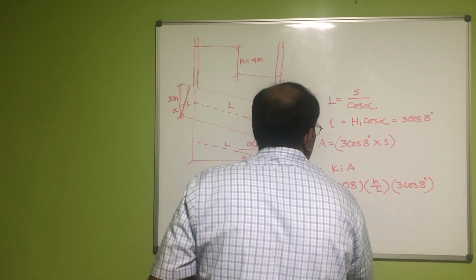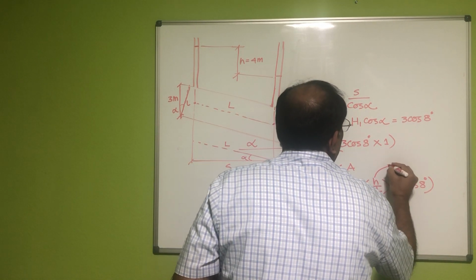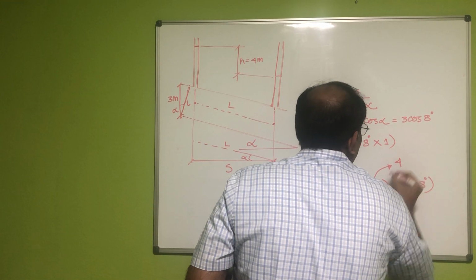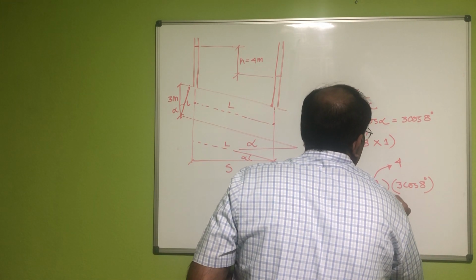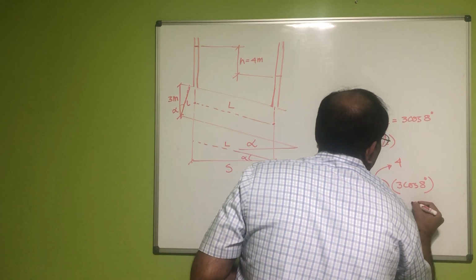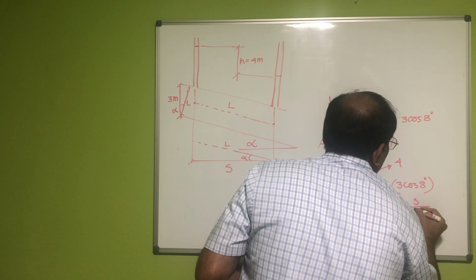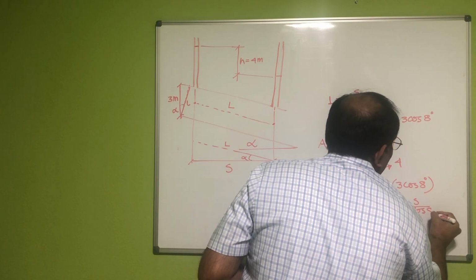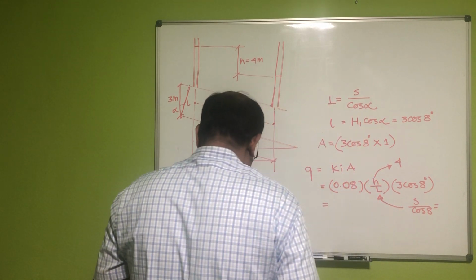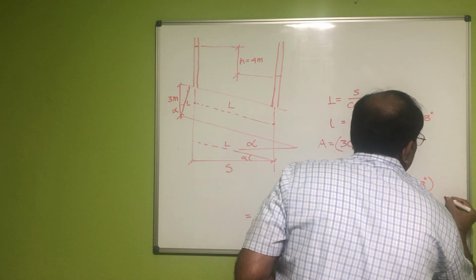So if you solve that one, because H is 4 meter and L is S divided by cosine 8, where S is basically 50 meter.